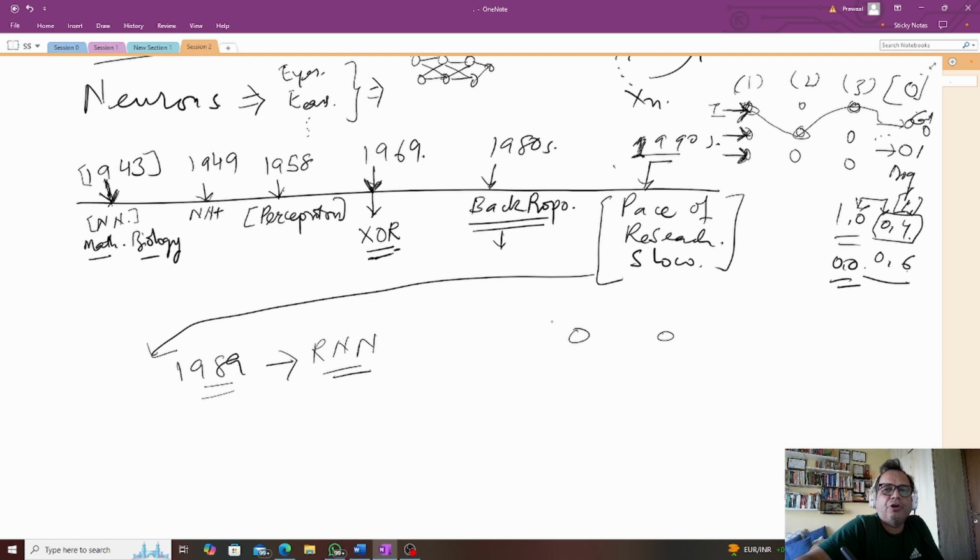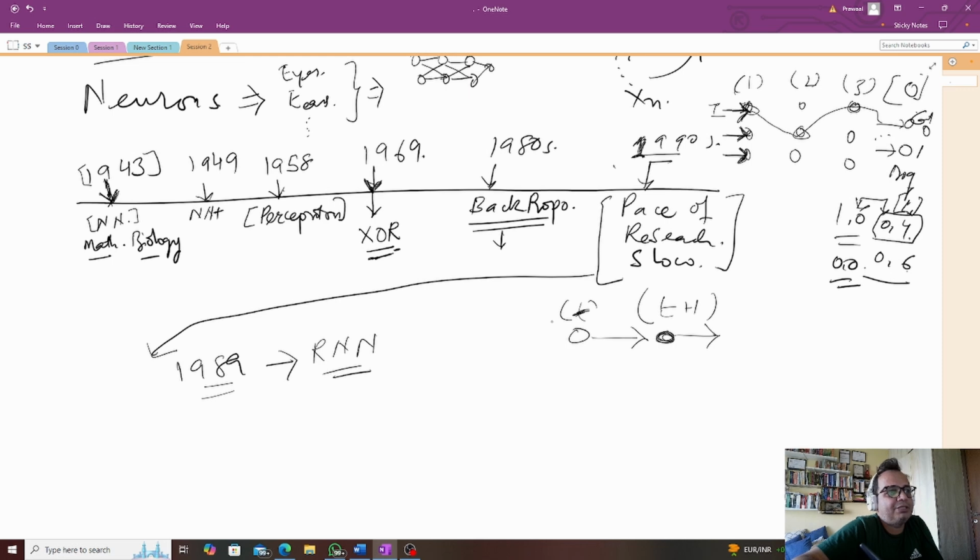It can be audio, video, or even text. There is time t and there is time t plus 1, and the input to time t plus 1 is coming from time t. This is called a recurrent neural network because it reoccurs. That's how the term came into existence.